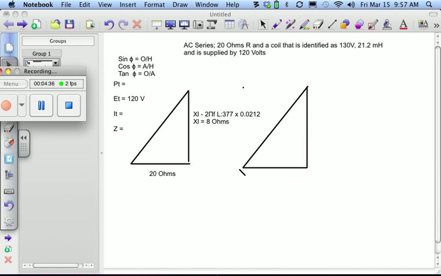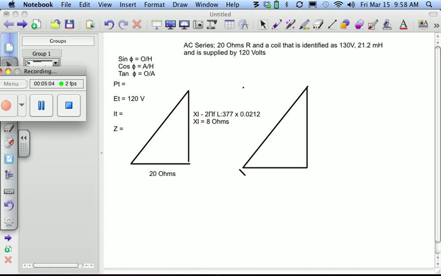Okay, so we're going to say that the 7.99 is going to come out to 8 ohms. We're going to round up just very slightly. I'm going to call this 8 ohms. Our very first question says that we want to find the phase angle. To find the phase angle, all we have to do is hit second function tangent, because the tangent is 8 over 20.